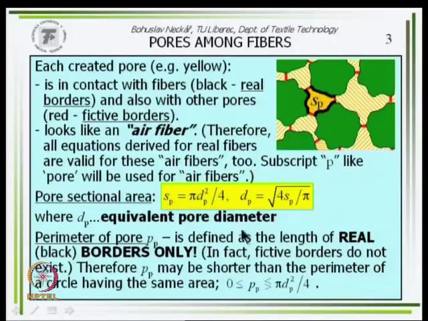It's only your subjective red pencil. Therefore the length of perimeter can be higher but also smaller than pi dp squared by 4. In fiber it is not possible, isn't it? We discussed it.